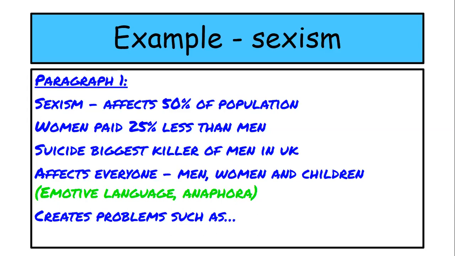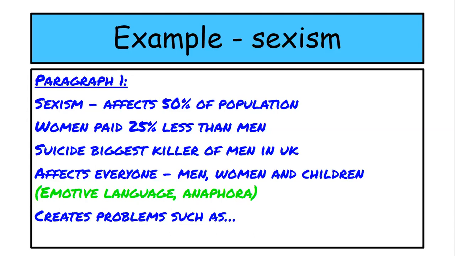Equally, suicide is the biggest killer of men in the UK. So therefore, sexism affects everyone, men, women, and children. That's my research for paragraph 1. That's the information that I have learned that is relevant to this paragraph. So I've written that into my plan.